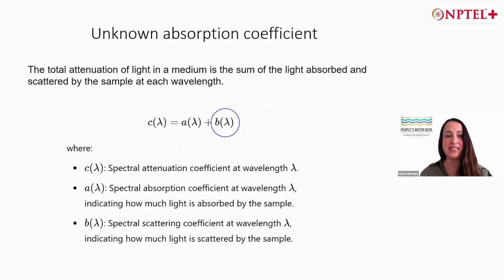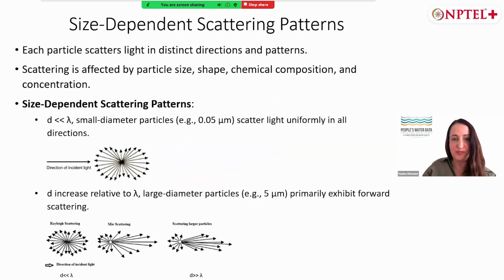And if we look at this equation, it is the attenuation of light in a medium. And this is the sum of the light absorbed and also the light scattered. So therefore, it's important to actually look only at the light that is scattered and not consider the light that is absorbed when we want to measure light scattering by particles.